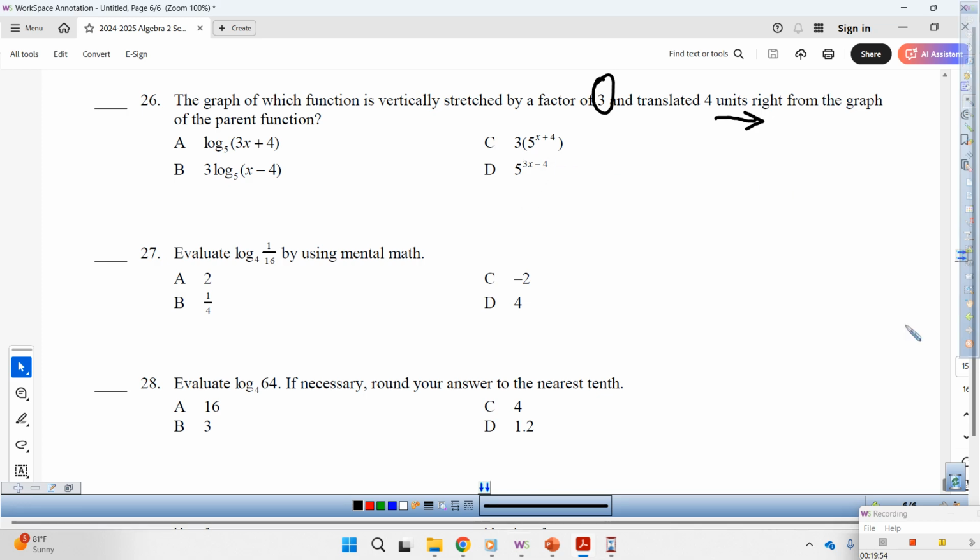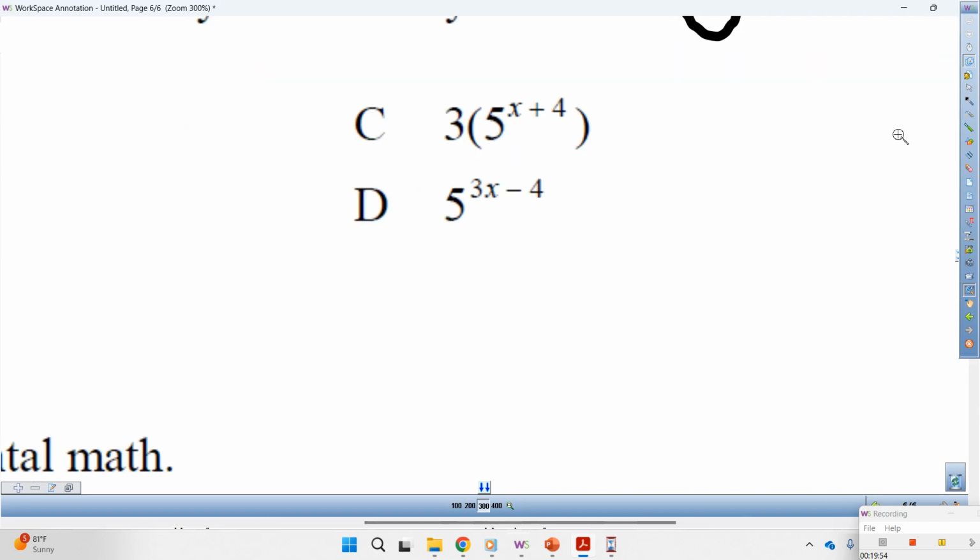Look at this one. Let me zoom in. Where's that one moving to? Tell your neighbor, what direction are we moving that one to? Elijah. To the left.